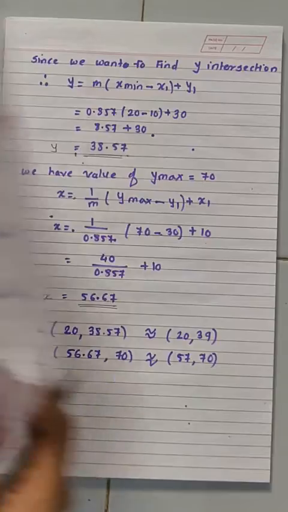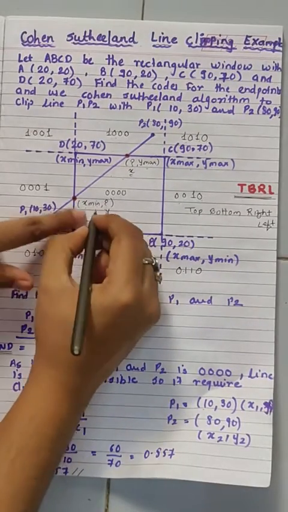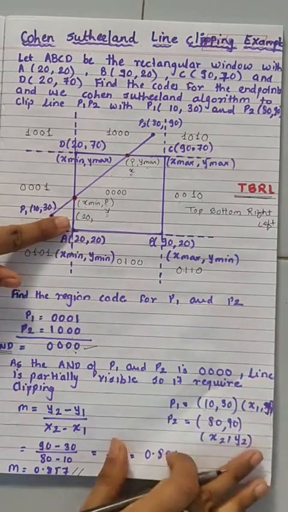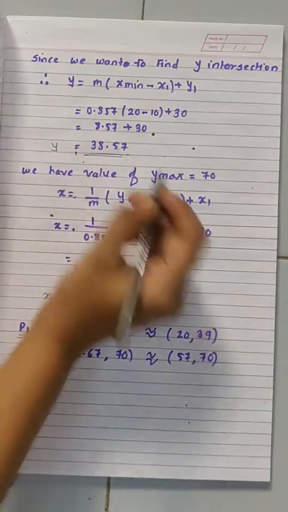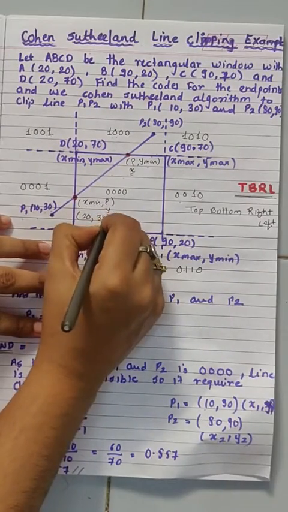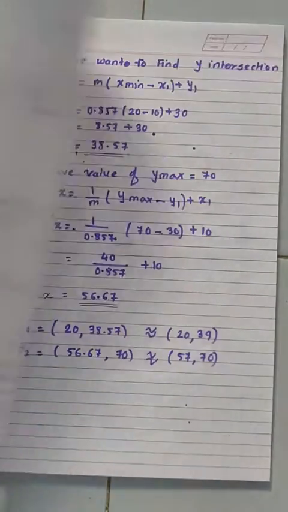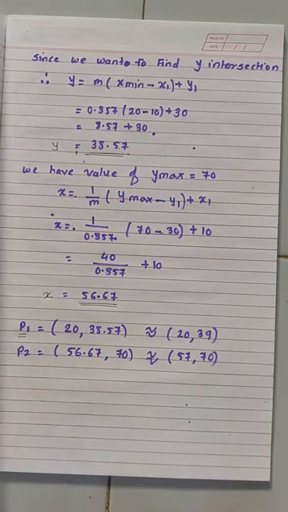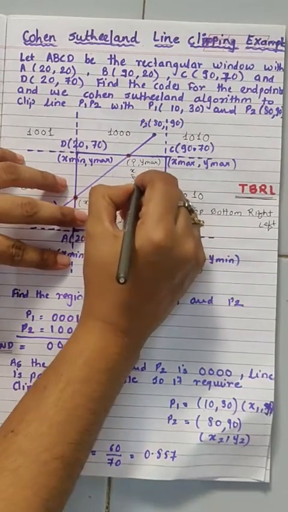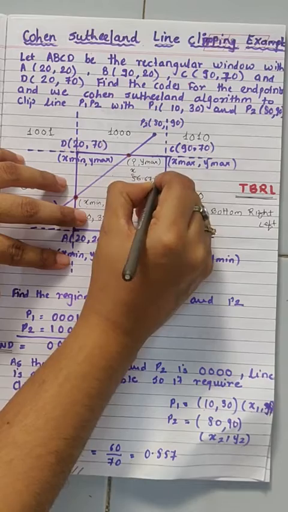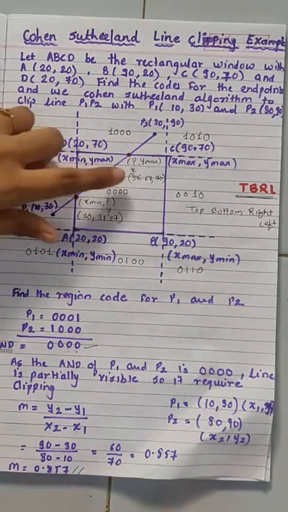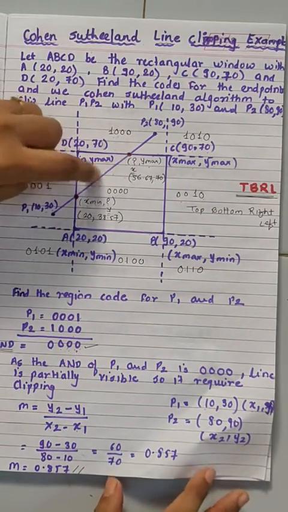So these are the 2 points. The first point is x min, that is 20, and 38.57, and my second point is x value 56.67 and 70. These are the values of these 2 intersection points.